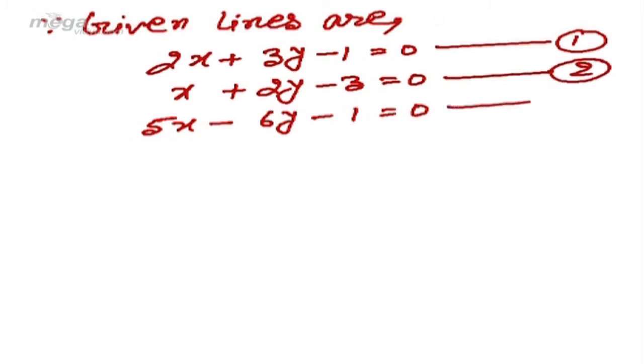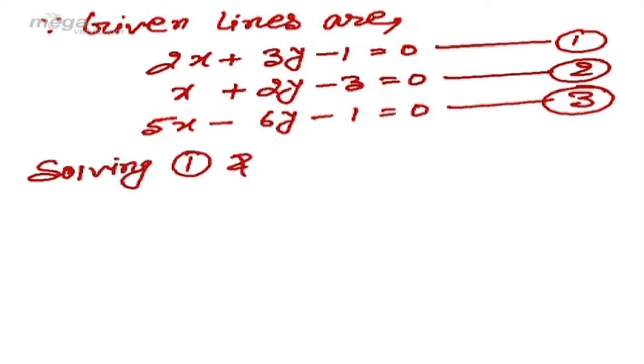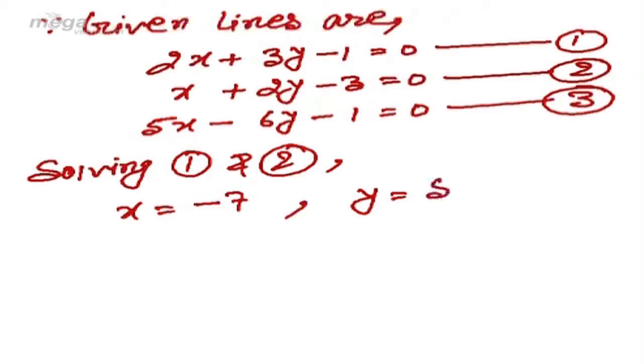Suppose line 1, line 2 and line 3. Now we will find the point of intersection of these three, taken two at a time. So I'm solving here 1 and 2. What do you get? The value of x and the value of y. We get x is equal to minus 7 and y is equal to 5.